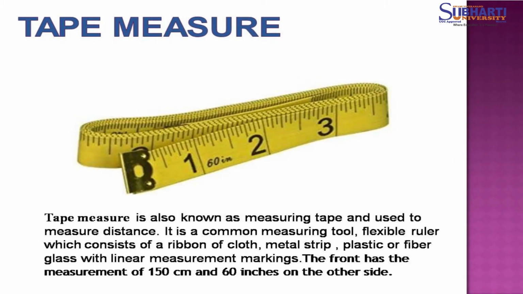Next, again a very basic tool, is the tape measure, or we can say measuring tape also. Tape measure is also known as measuring tape and is used to measure distance. It is a common measuring tool, a flexible ruler which consists of a ribbon of cloth, metal strip, plastic or fiberglass with linear measurement markings.